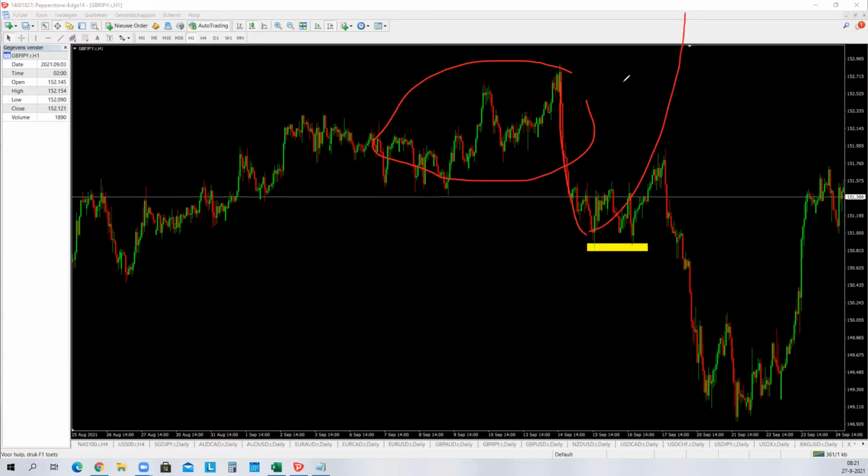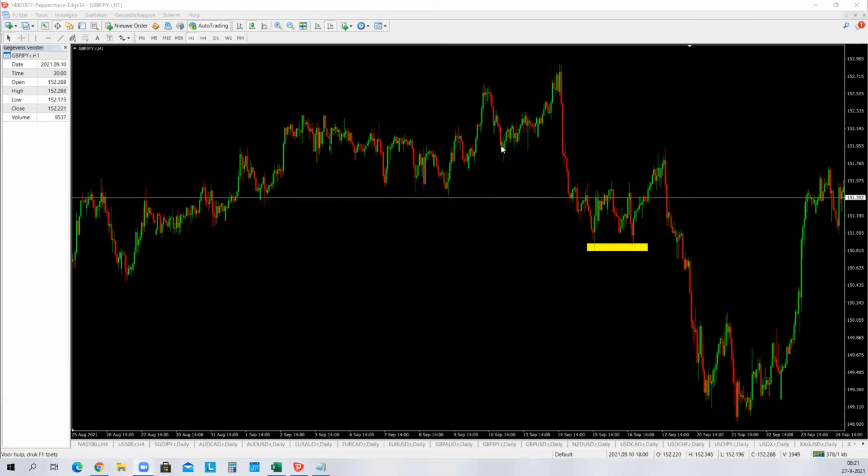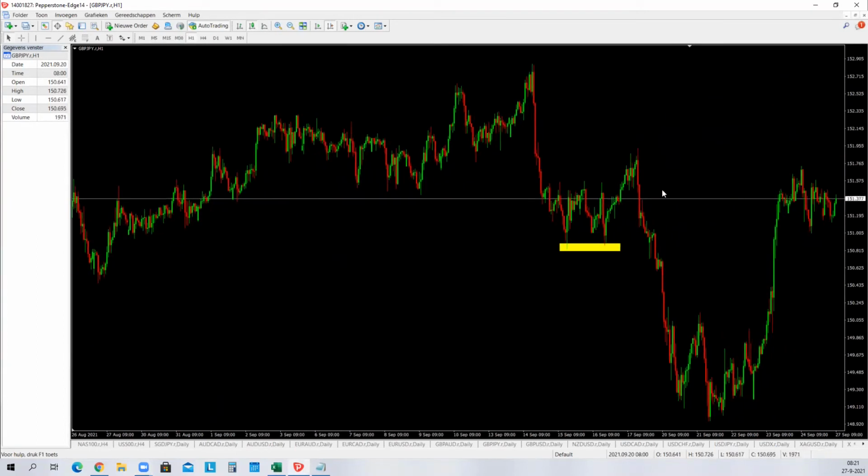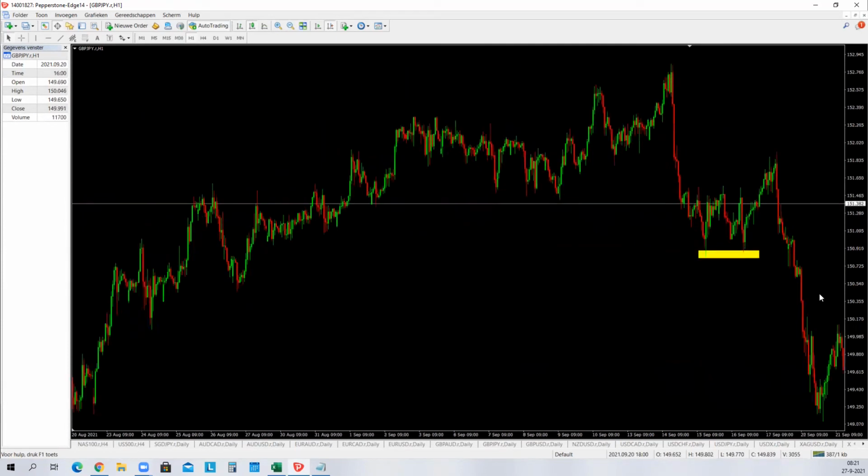It's very, very rare. So if you see this distribution range, you should have a short bias and you should expect this to be a redistribution, even if you see a double bottom forming. So that's just a little tip I want to give you guys that trade the Wyckoff method: generally speaking, you're going to see redistribution after a distribution range, and after an accumulation range, you're going to see reaccumulation.